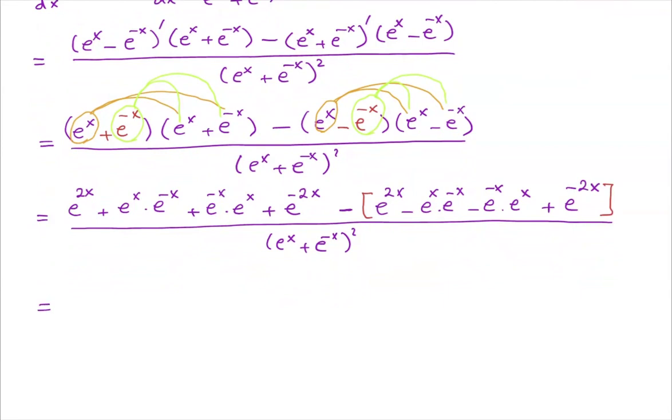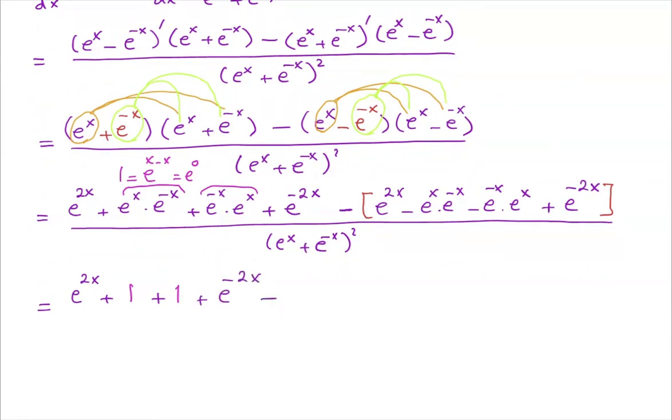Our numerator is e to 2x plus, when you add these together, you have e to the power x minus x, or e to the power 0, or 1. So you get a 1 here. You have another 1 as well. Plus, this is 1 as well. Plus e to the power minus 2x, minus.